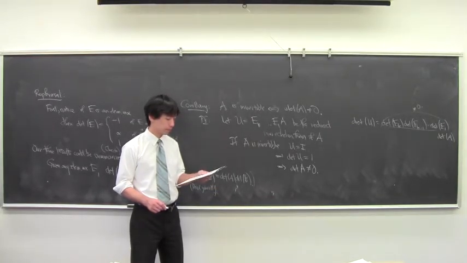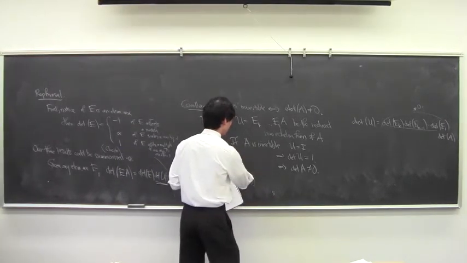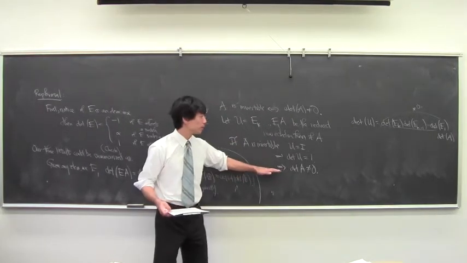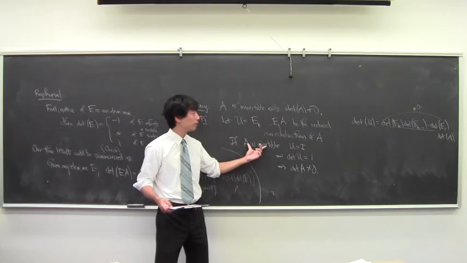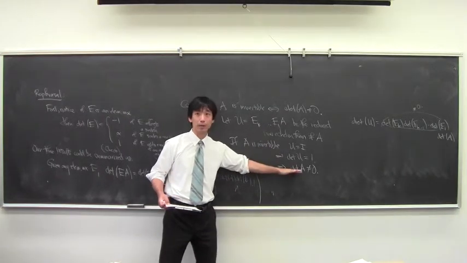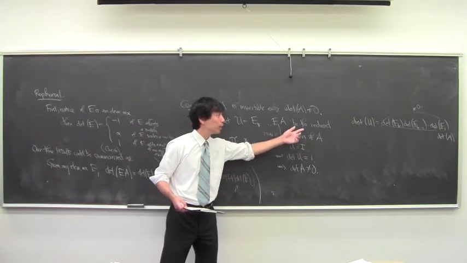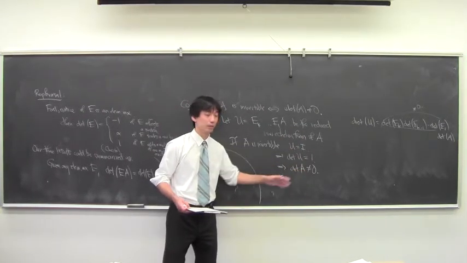Now, is that first part clear? If A is invertible, then U is equal to I. The determinant of U is 1. Determinant of A is non-zero.